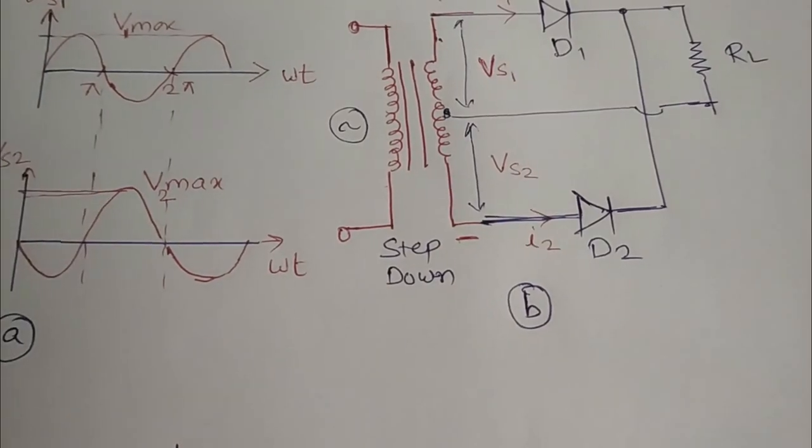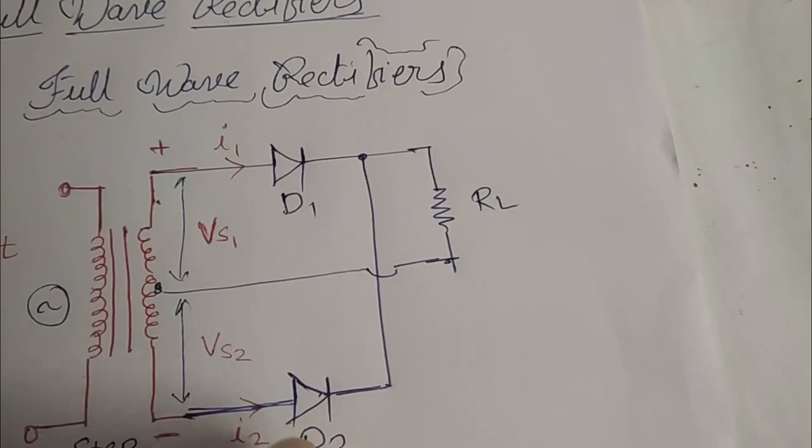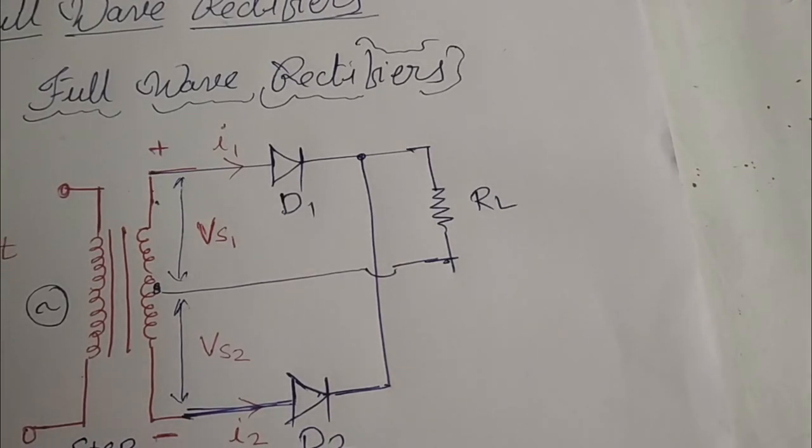So these are the input waveforms. In theory we have seen that we get conduction due to D1 as well as D2. So what will be there in the output waveform? In the output waveform we can check the waveforms for the load resistance.